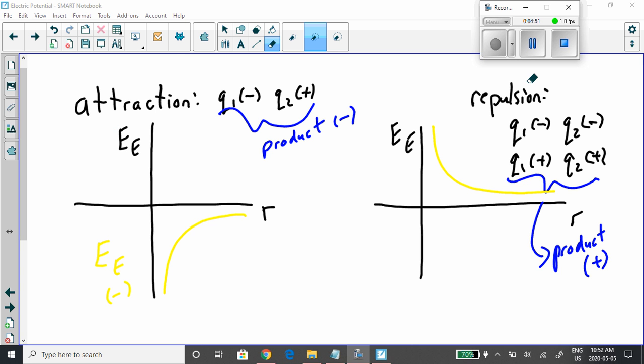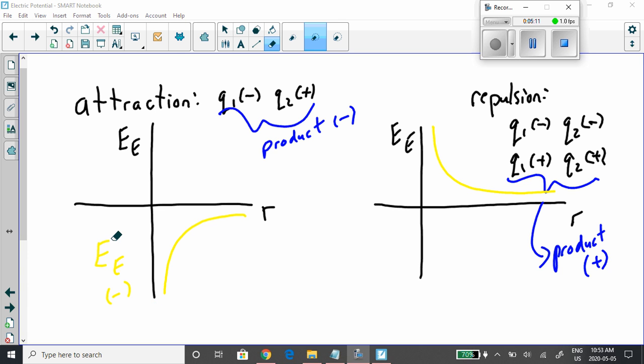When we're talking about repulsion, when both charges are negative, or when both charges are positive, the product becomes positive, and the graph for electric potential energy looks like that. Repulsion, graph is above zero. Attraction, graph is below zero.